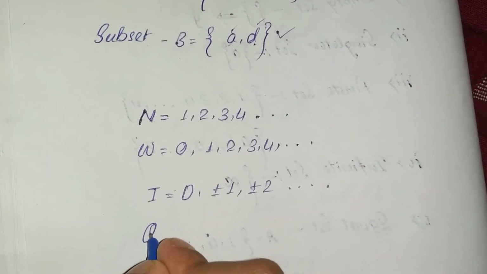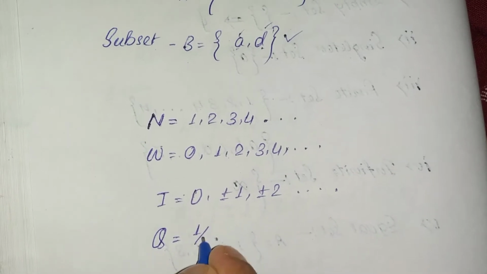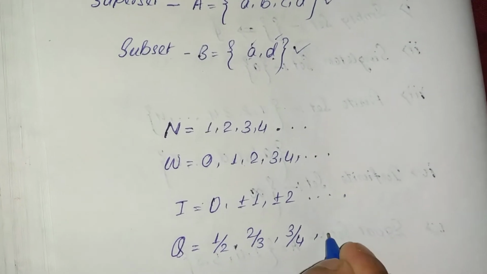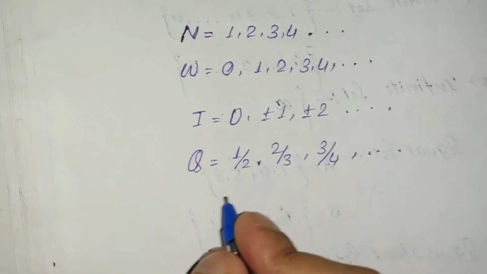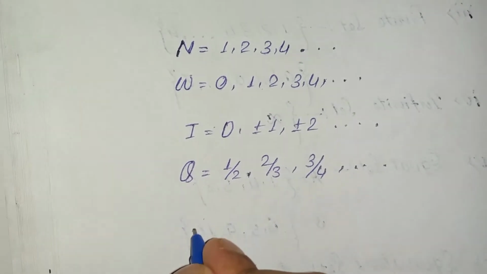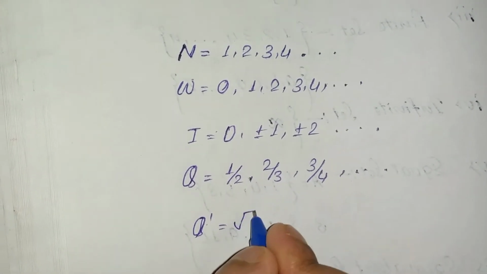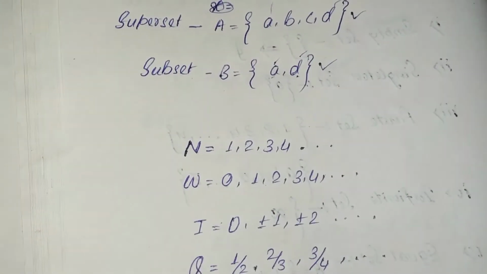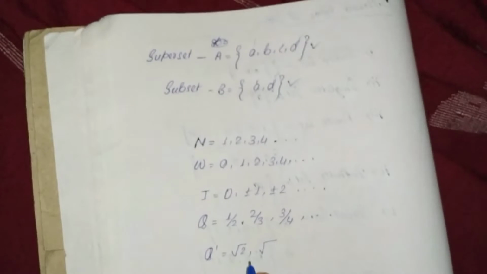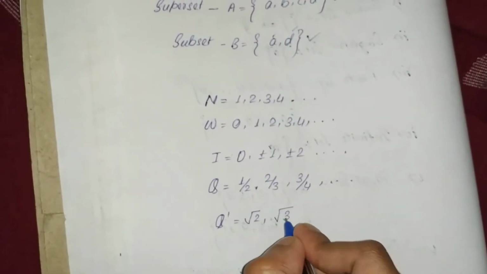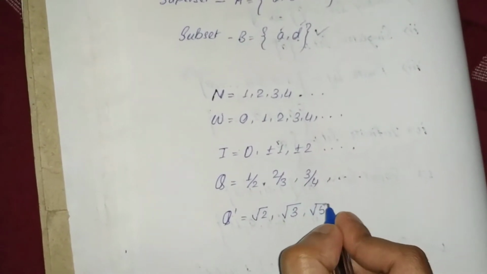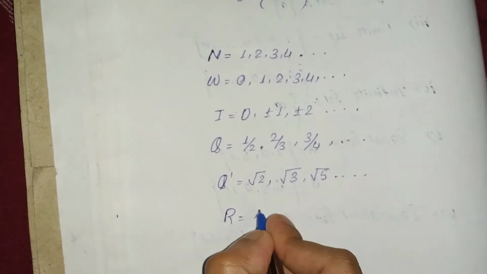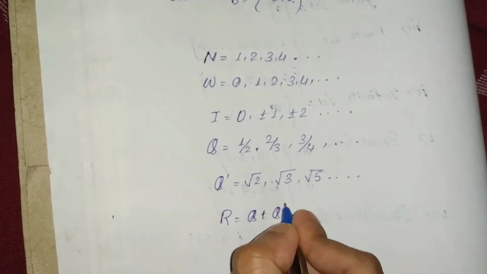Next is rational numbers, which are 1 by 2, 2 by 3, 3 by 4, dot, dot, dot. Next is irrational numbers, which are root 2, root 3, root 5, dot, dot, dot. And last is real numbers, which is Q plus Q hash.